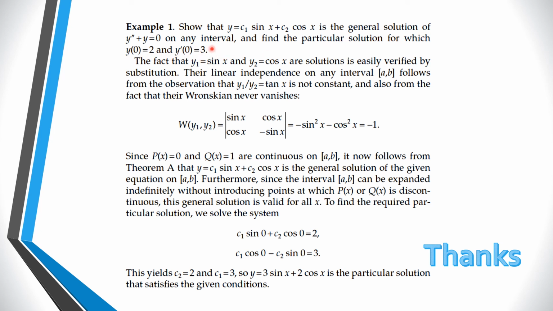We are given that y at 0 is 2 and y dash at 0 is 3. So when you substitute y at 0, it will be c1 sin 0 plus c2 cos 0. Sin 0 is 0, so you are left with c2 into 1, which equals 2.